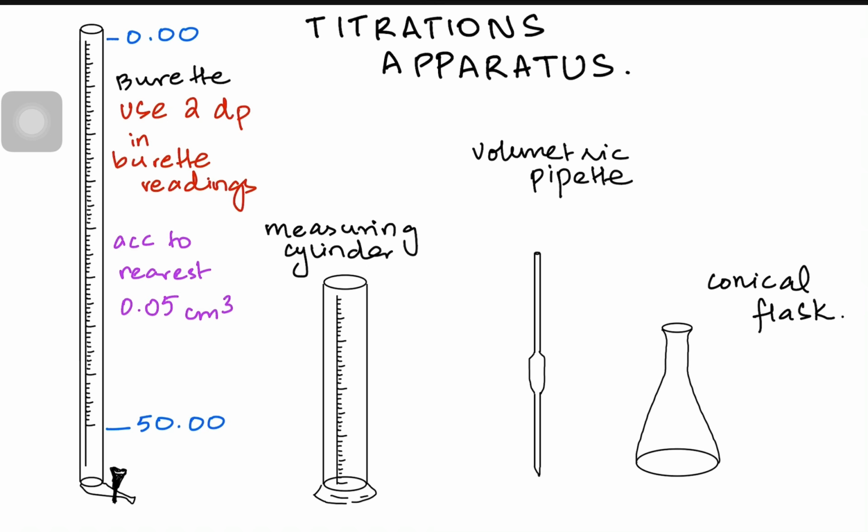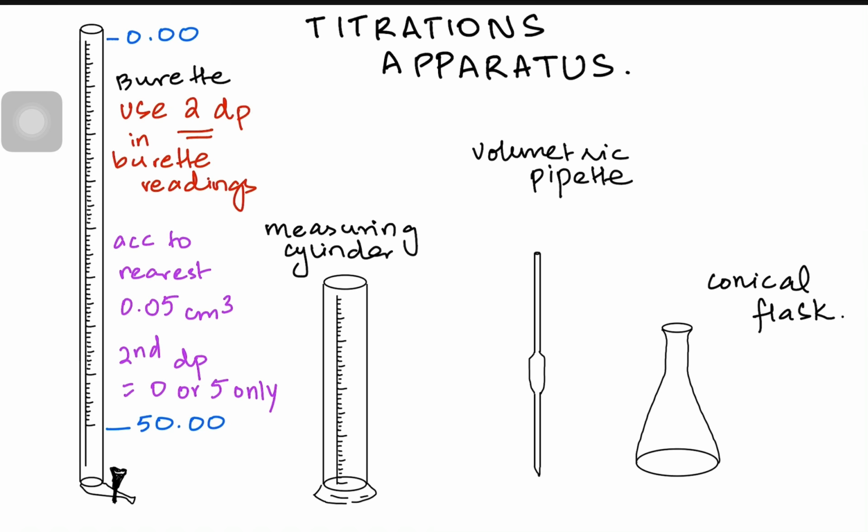Your burette value will end at 0.00 or 0.05. So the second decimal place can be 0 or 5 only. You can't use a second decimal place of 1 or 3. I'll give you more examples on it, don't worry.